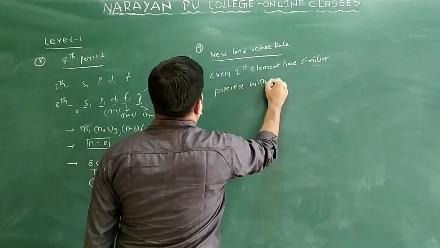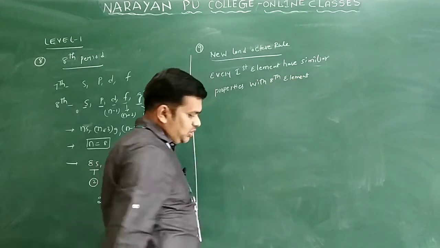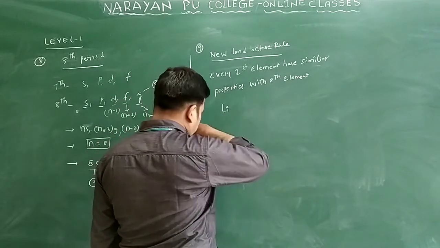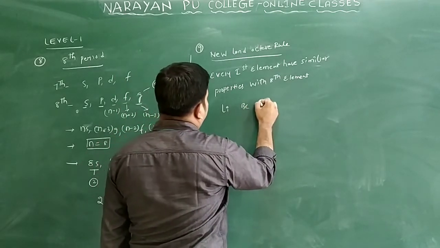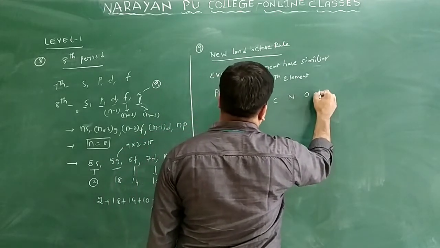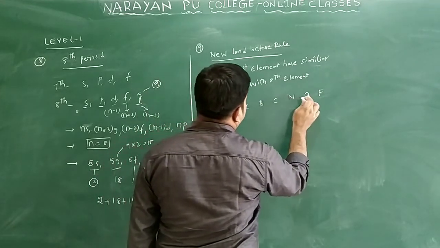If you take the elements here, lithium, beryllium, boron, carbon, nitrogen, oxygen, fluorine, you will see numbering 1, 2, 3, 4, 5, 6, 7.